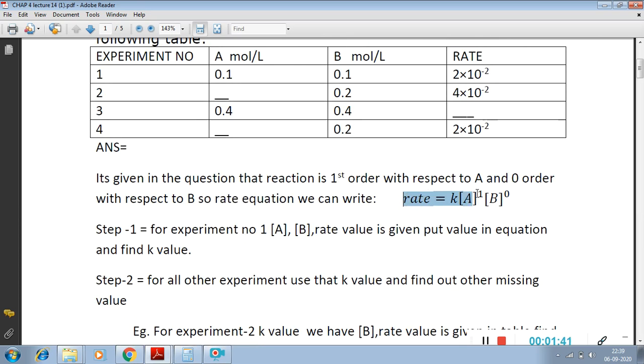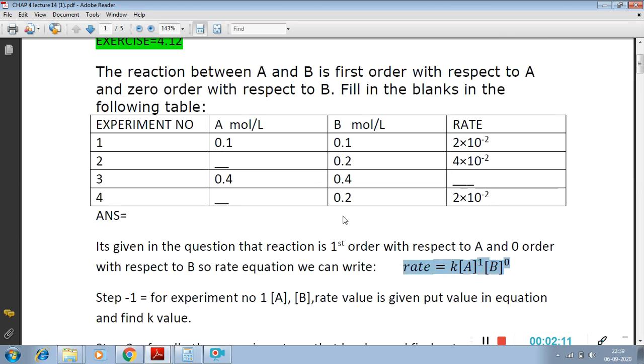Here you can see the formula is written: rate is equal to K, that is the rate constant, into concentration of A raised to 1. Why 1 here? Because the reaction is first order with respect to compound A, and B raised to 0. Why 0? Because it is a zero order reaction with respect to compound B. So compound A raised to 1 and compound B raised to 0.